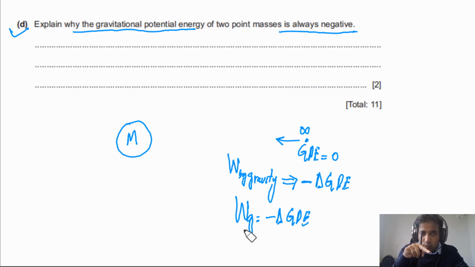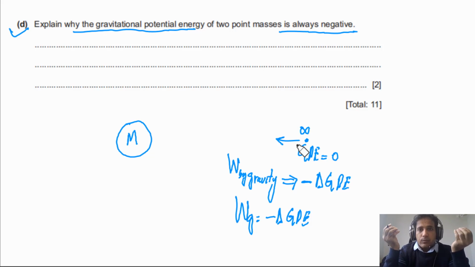So below 0 is negative. So the potential energy anywhere other than infinity due to mass will always be negative. So due to two masses, always negative, because at infinity we take GPE equal to 0, and lower than 0 is negative.